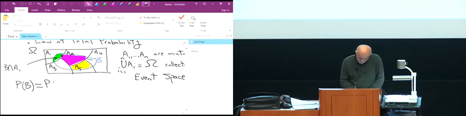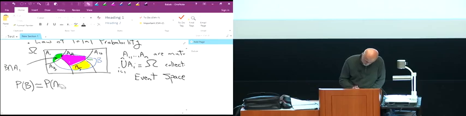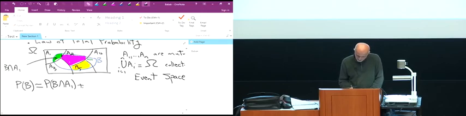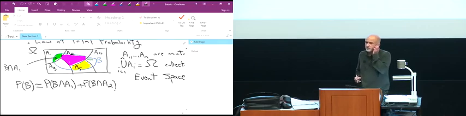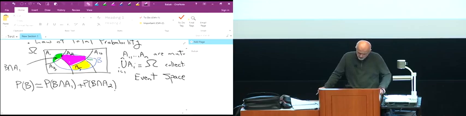The probability of B intersect A1, plus the probability of B intersect A2. Why can I do this? What's special about B intersect A1 and B intersect A2 that allows me to do this? I'm not overcounting. They don't have an overlap.